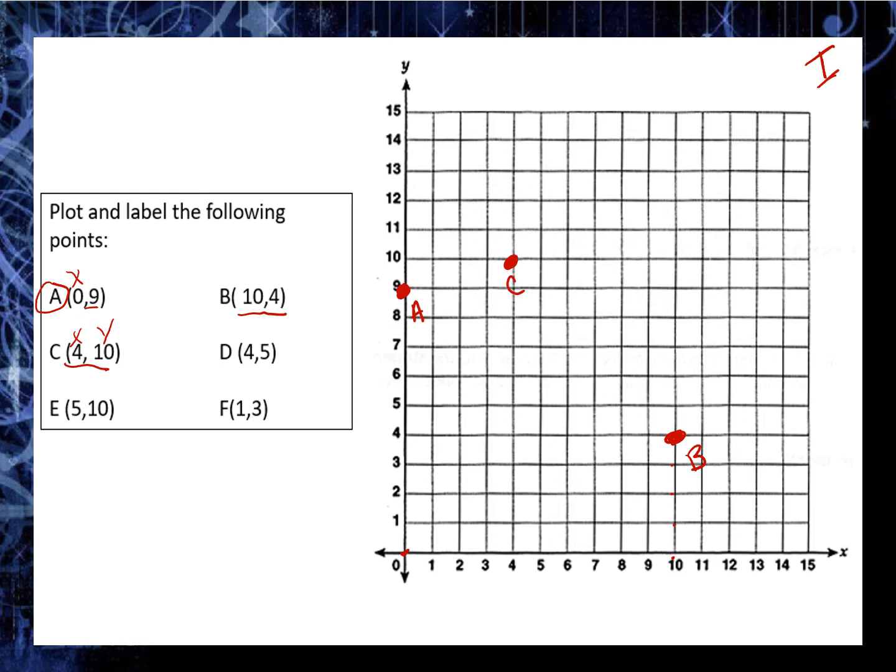And that will be C. D is over 4, up 5. So 1, 2, 3, 4, 1, 2, 3, 4, 5. That's D. E is over 5, up 10, right next to C. And then F is over 1, up 3.